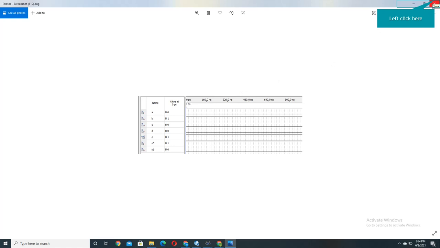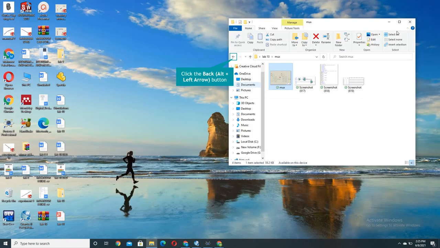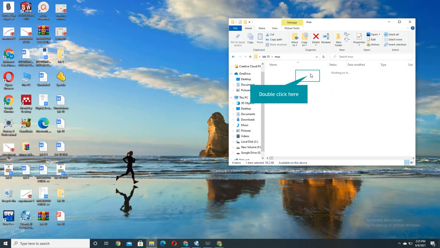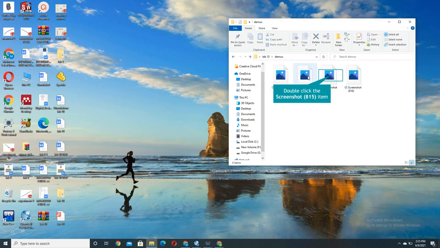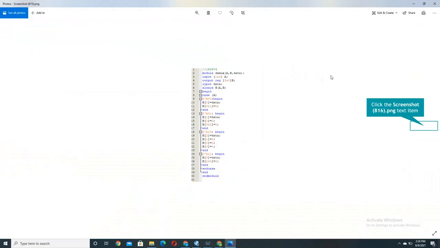Okay, so after this we can see the coding of demuxes. Now the coding of demuxes is a little similar to the muxes. It is simple. We have given the selection lines and the data as input.